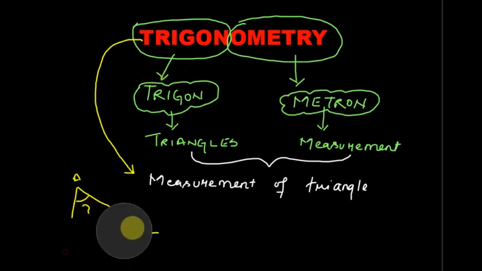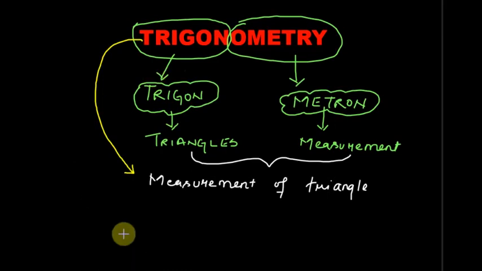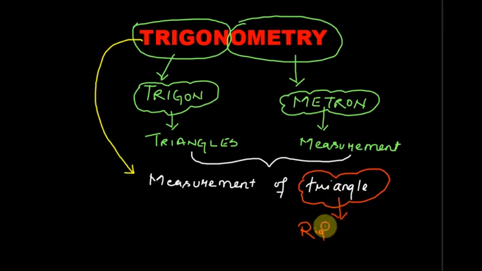Now when we go back to the triangle, we have many types of triangles. There are equilateral triangles, right angle triangles, isosceles triangles. But under trigonometry, this triangle basically refers to the right angle triangle.